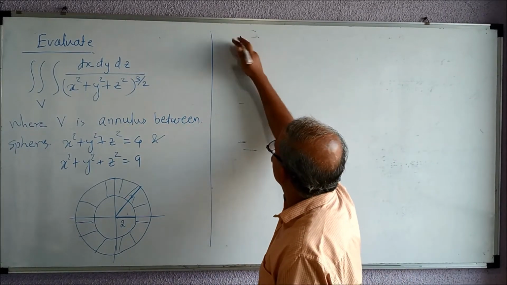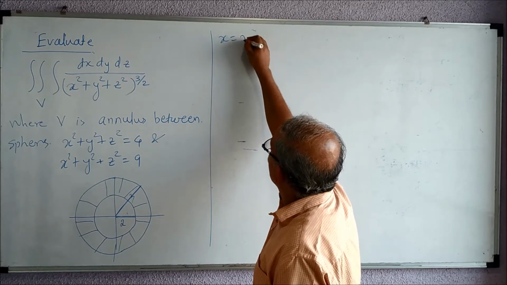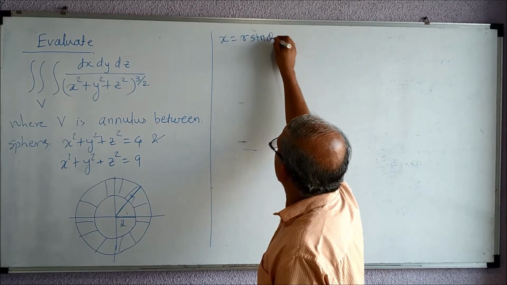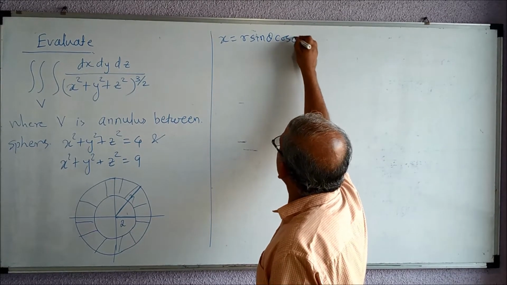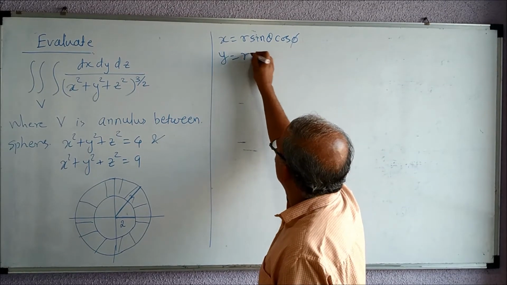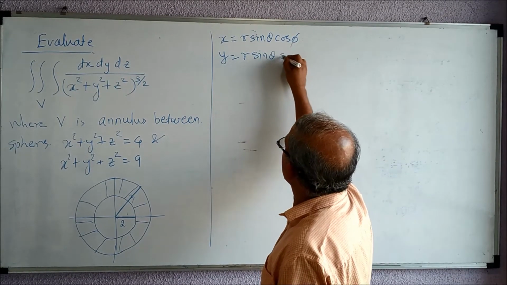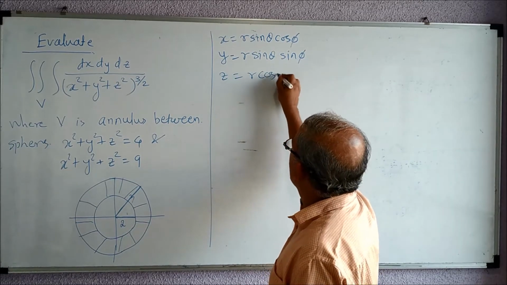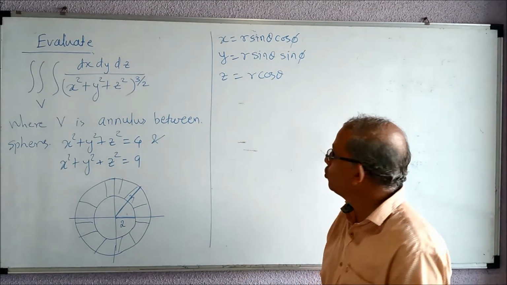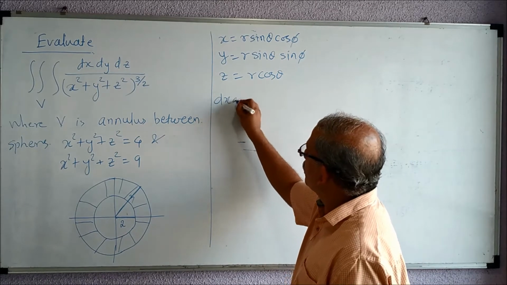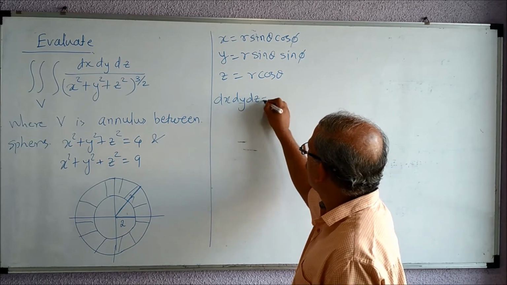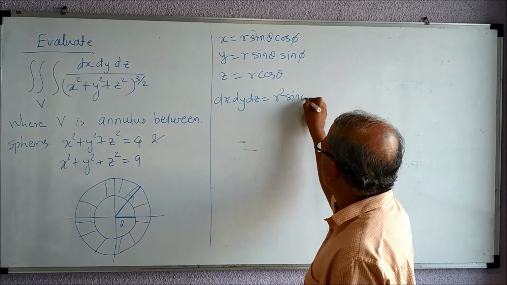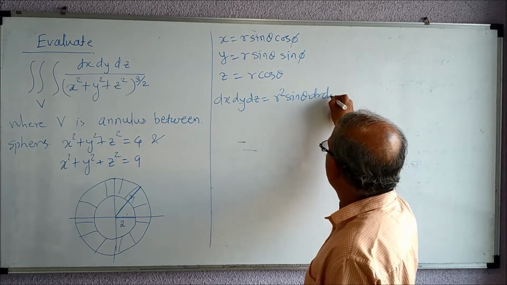So I am using the relations x equal to r sine theta cos phi, y equal to r sine theta sine phi, and z equal to r cos theta. Then dx dy dz will be r square sine theta dr d theta d phi.